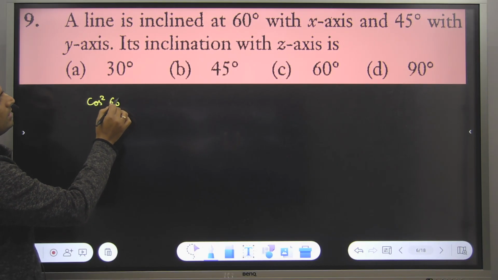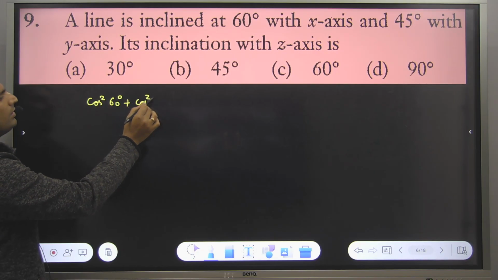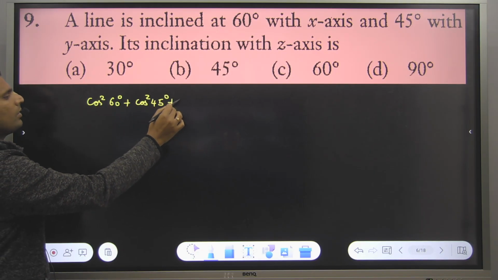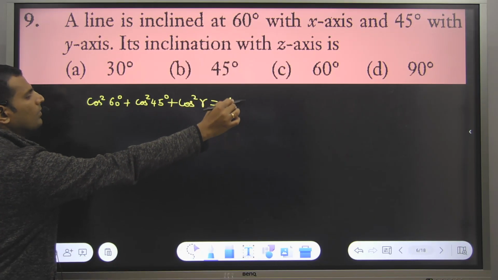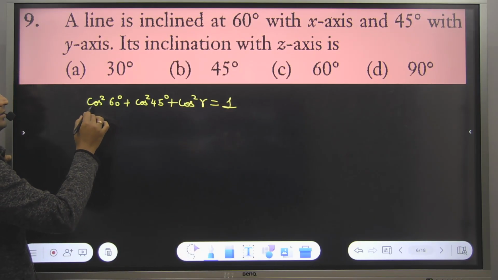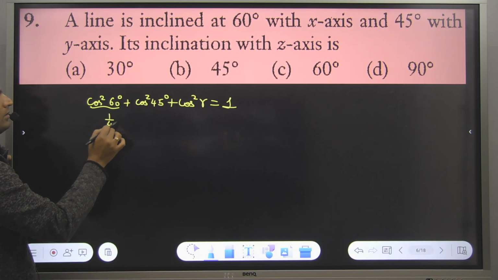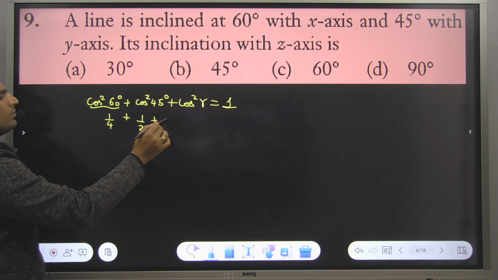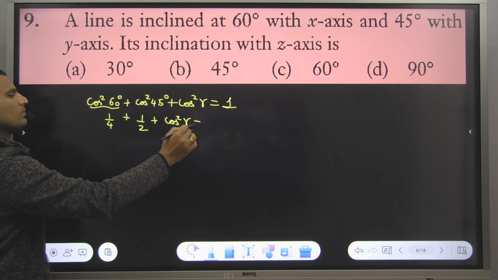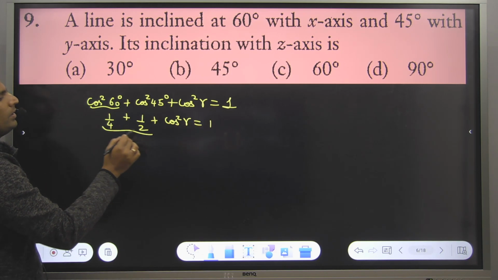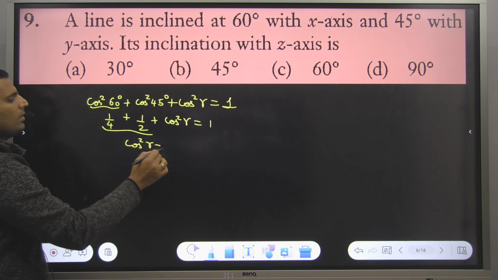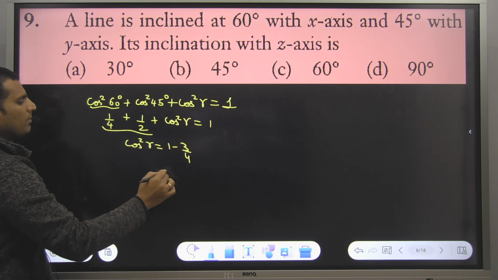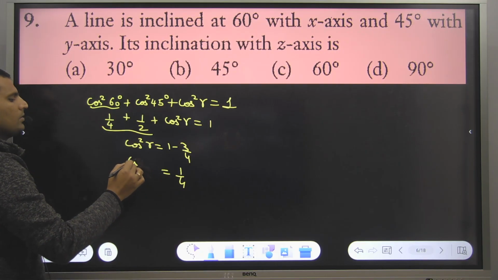Cos square 60 degree plus cos square 45 degree plus cos square gamma must be how much? 1. This is 1 by 4. This is 1 by 2. So this will be 3 by 4. So 1 minus 3 by 4, that is 1 by 4.